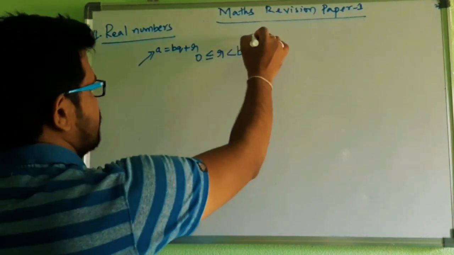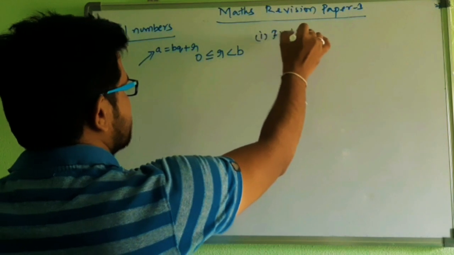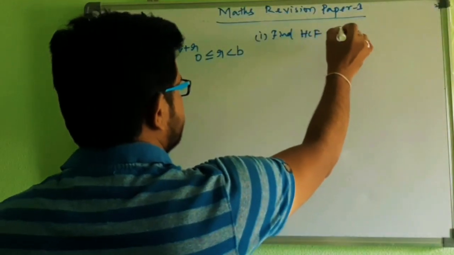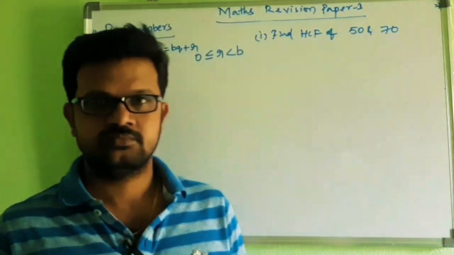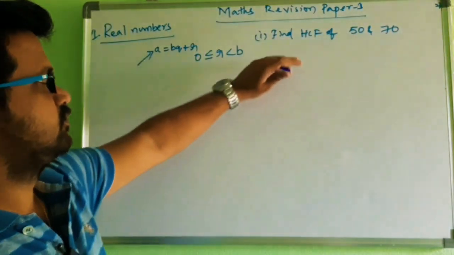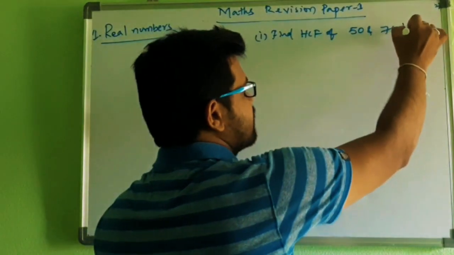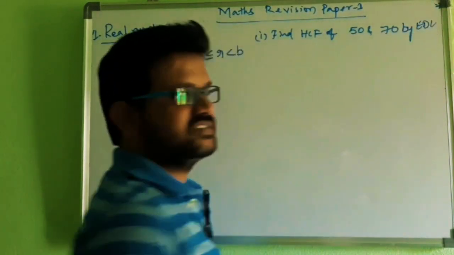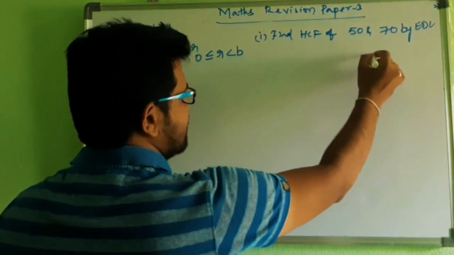For example, find the HCF of 50 and 70 by using Euclid division lemma. This is the question, right? How to do it? You have to do this.